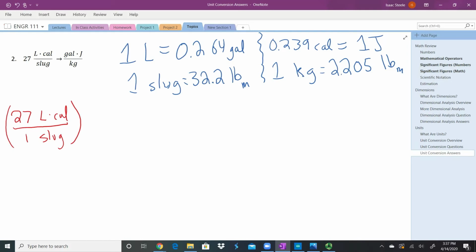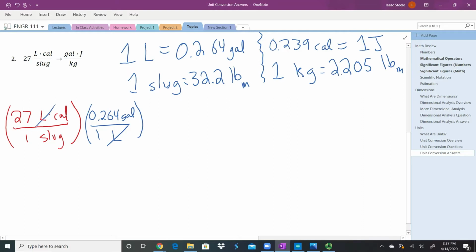So I'm going to go ahead and do the liter first. To do that, I'm going to use my first conversion factor. To make sure the liter cancels, I'm going to put the liter on the bottom. So 1 liter over 0.264 gallons. My liters cancel.